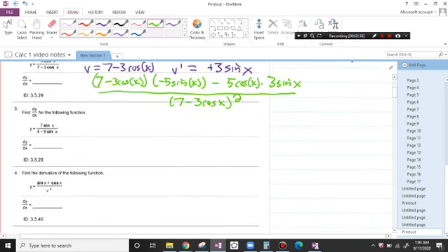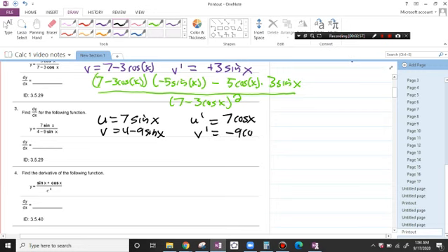Three is rolling the exact same way. u is 7 sine x. v is 4 minus 9 sine x. u prime is 7 cosine x. v prime is negative 9 cosine x.